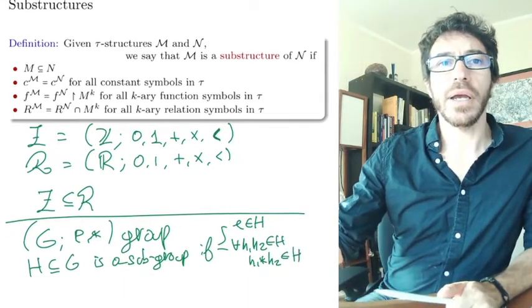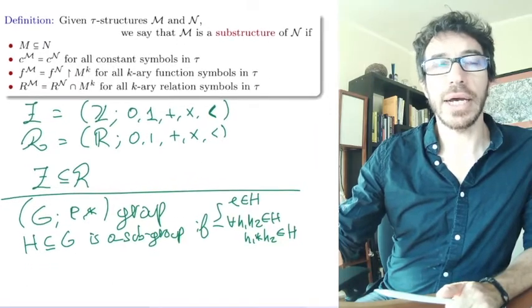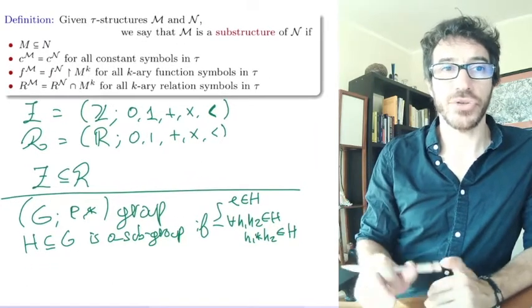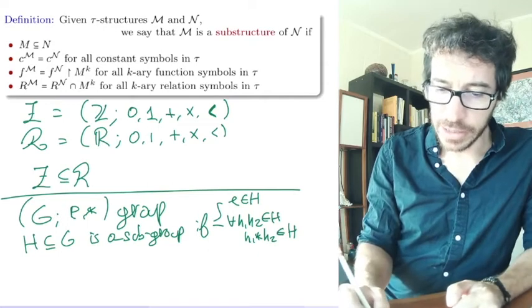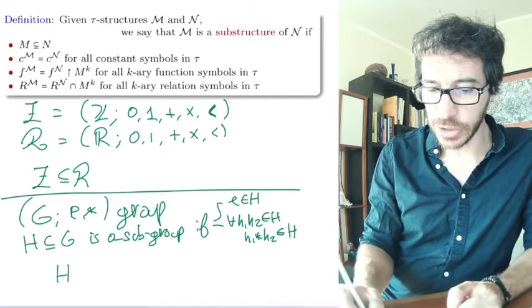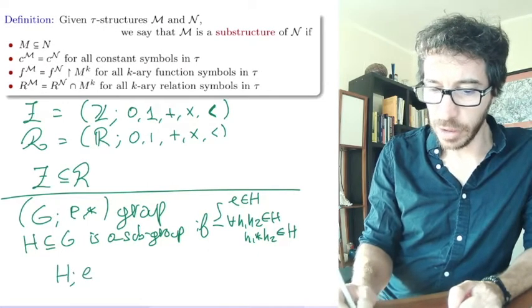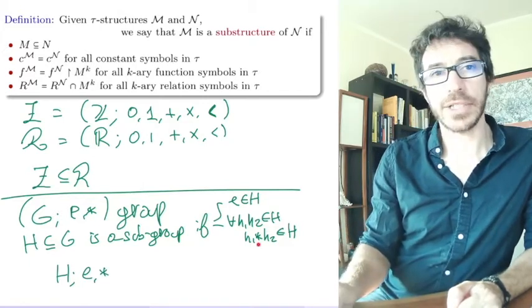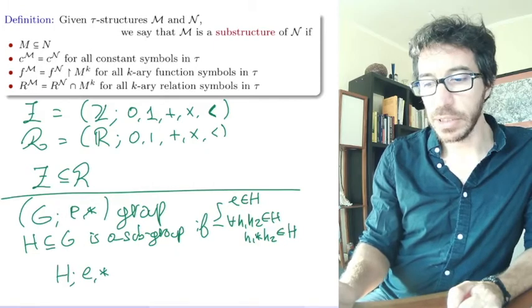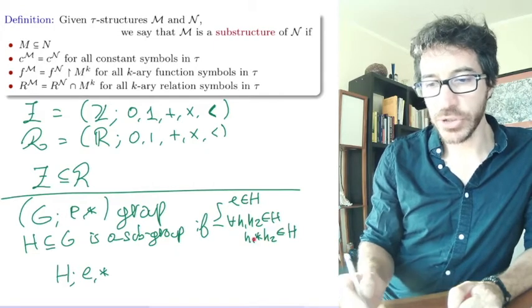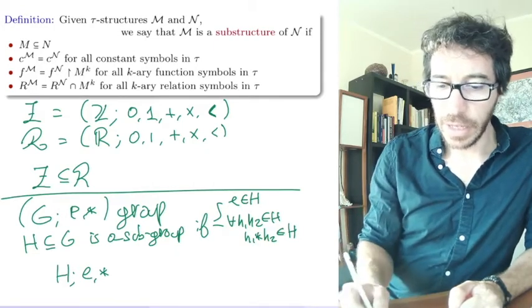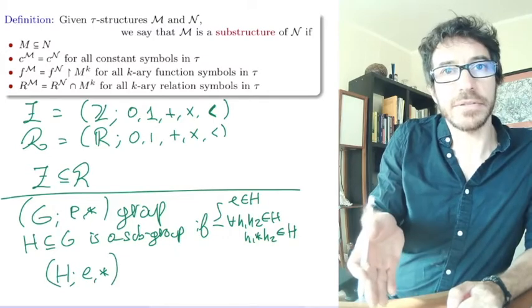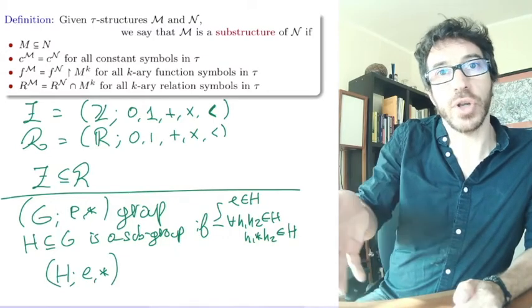So that means that it's closed under the operation. So what we mean here is that if you look at H as a structure itself, with the same operation, what this is saying is that it's actually a structure. E belongs to H, and H is closed under the operation.